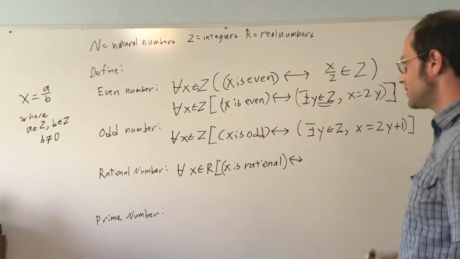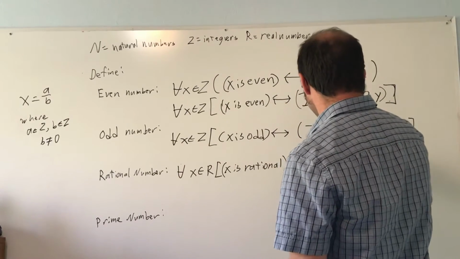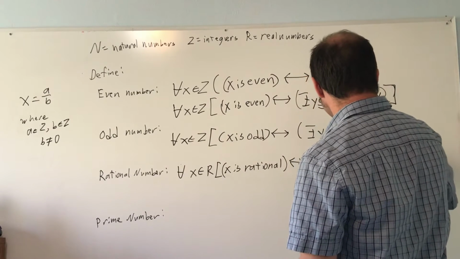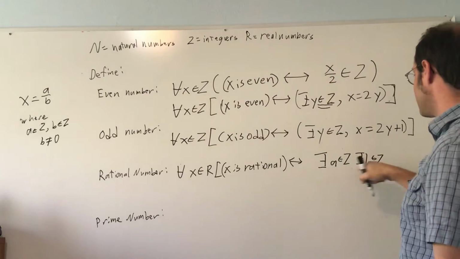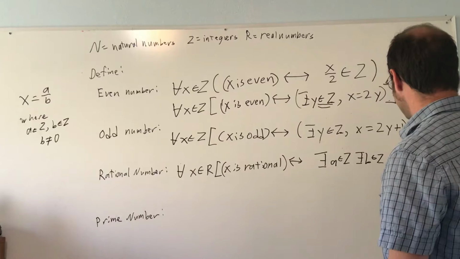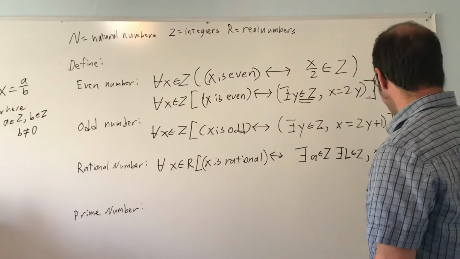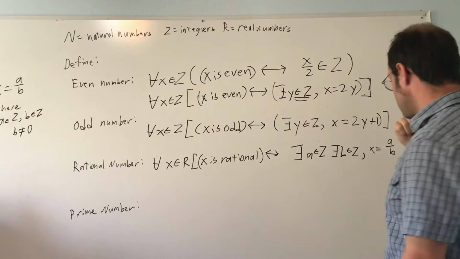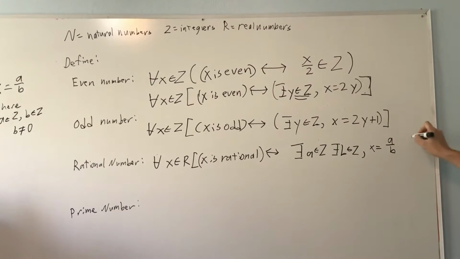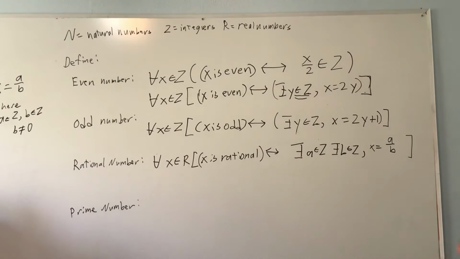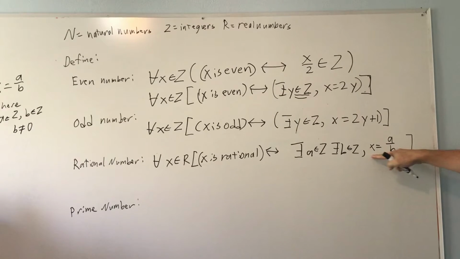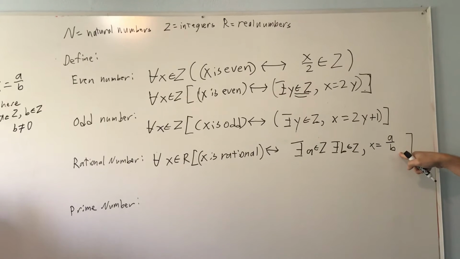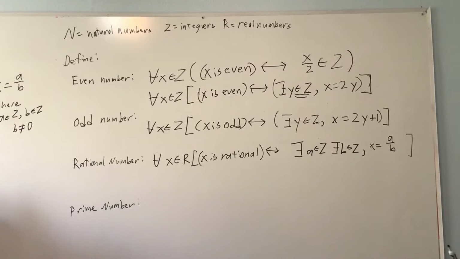So we could say that there exists an a in the integers and that there also exists a b in the integers. So just some pair exists such that x equals a divided by b. All right? So we could also put something down there about b not equaling 0. Although if b did equal 0, then this whole statement would be false anyway. And so we wouldn't really have to worry about it very much.